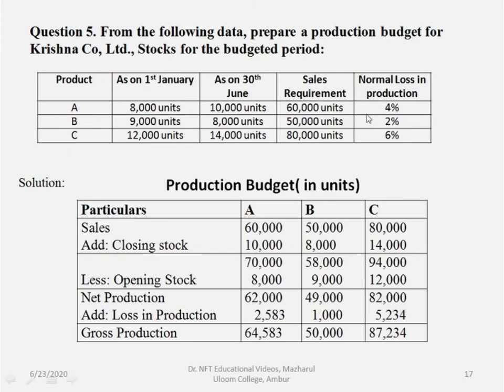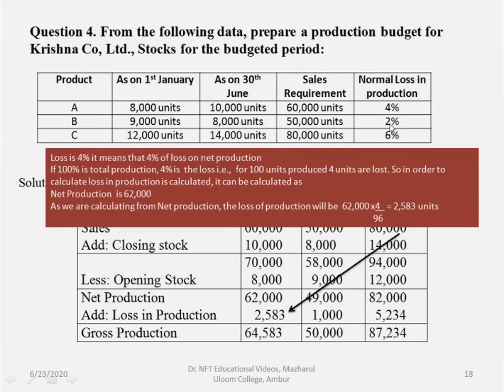From this they've asked you one more step. Normal loss in production is given as 4%, 12% and 6%. So here we have to compute the normal loss. Loss is 4%. It means that 4% of loss on net production is given.